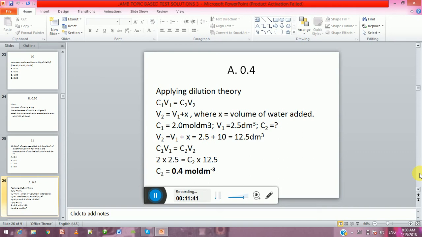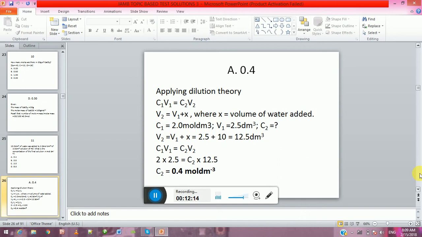We are given V1 to be 2.5, then C1 to be 2.0, because that is the initial volume 2.5 that later received extra volume of 10. Understand? And the concentration then was 2.0 mole per dm cube. So we want to find the final concentration, which is C2.